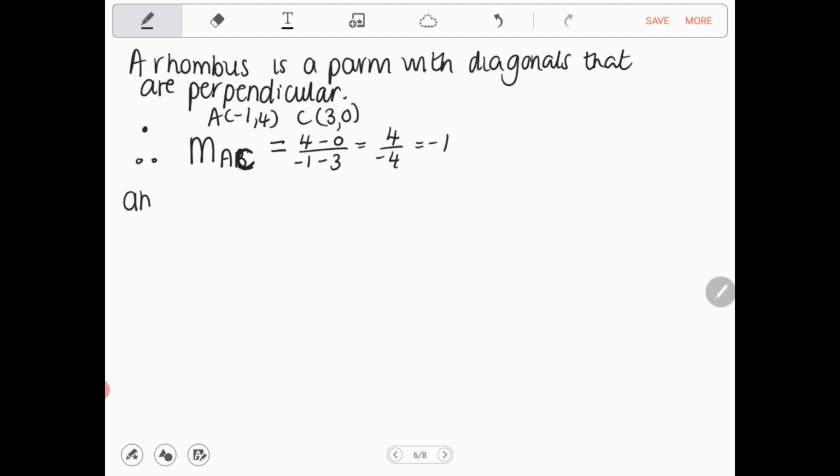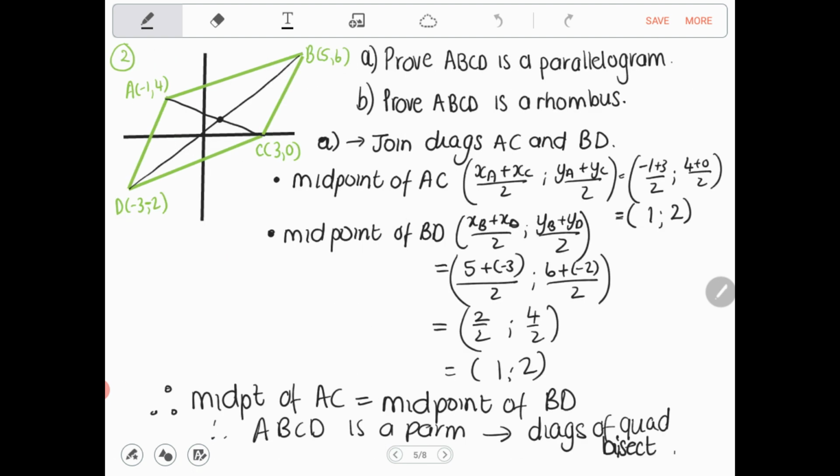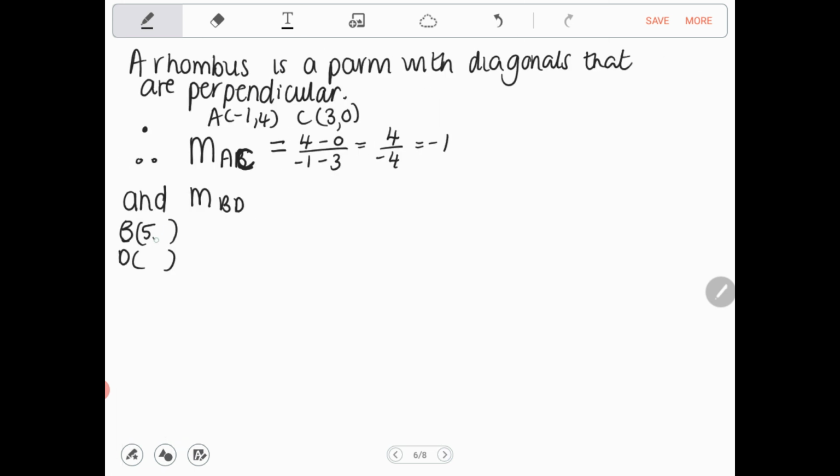Okay, and what is the gradient of BD? Okay, so B and D. B is (5, 6), and D is (-3, -2).